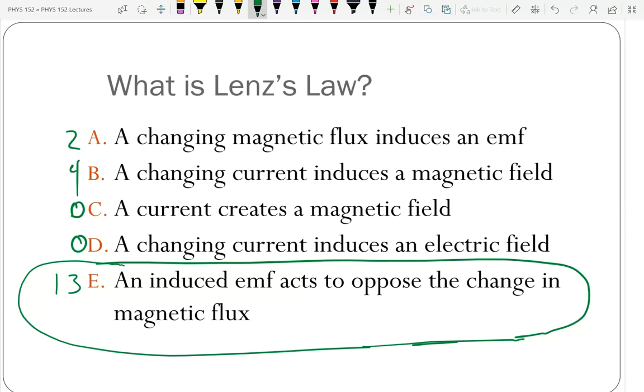But the first one is an important statement, but it's not Lenz's law. So what is that first statement? I didn't say the first one. Yeah, I know, I said I was going to make it tough on you. How could you know that wasn't the right answer if you didn't say? Okay, I still have a 20% chance to guess.